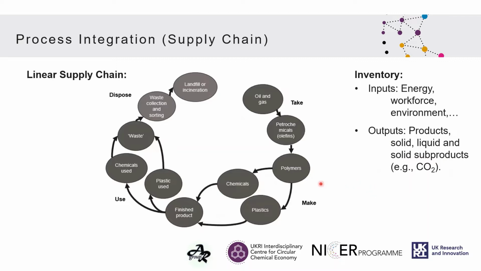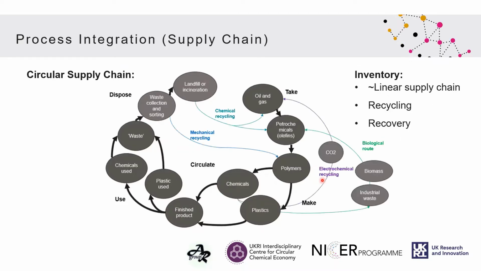So if we change this linear supply chain to a circular one, we need to include recycling, either chemical or manufacturing. We need to capture CO2, we need to recycle the CO2, and perhaps feed it as an olefin initial material, and then we proceed with the traditional method. Obviously, we need to feed enough raw material to generate at least the same amount of product.